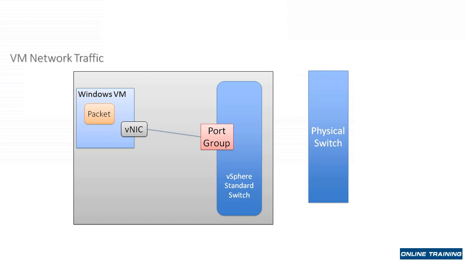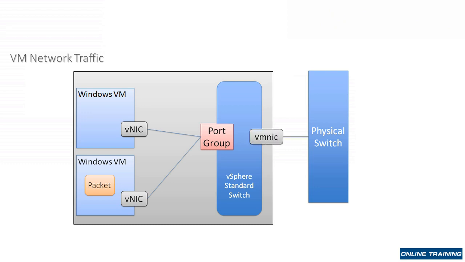And my ESXi host also has physical interfaces, but my traffic doesn't necessarily need to flow over a physical interface. If I've got multiple virtual machines connected to the same port group, they can communicate without their traffic ever flowing over a physical network. And then, of course, my ESXi host itself has some physical network interfaces that connect to a physical switch.